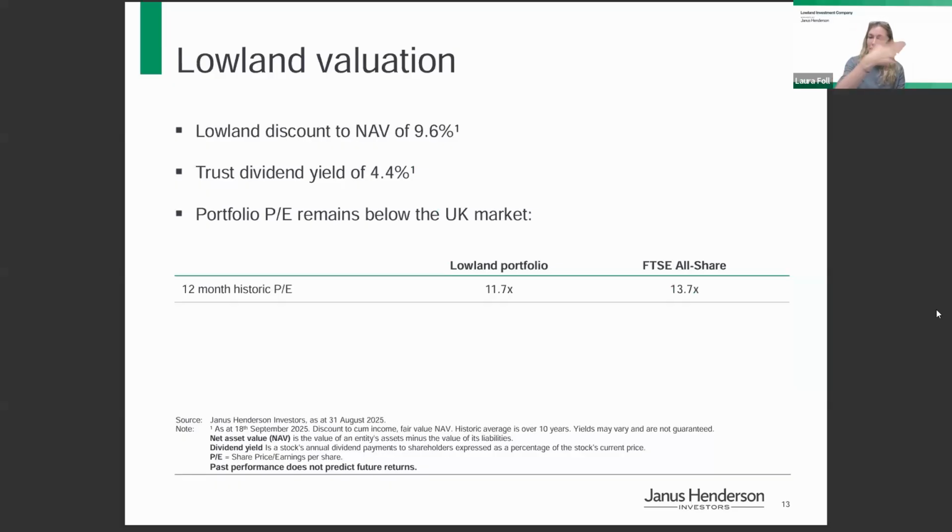So if we think back to the very beginning, the UK market is at a discount compared to overseas, and Lowland is at a discount to the UK, and the Lowland Trust is at a discount. So basically there are multiple layers. The UK market is at a discount, the portfolio is at a discount, the trust is at a discount. There are multiple layers of discount there if you work your way down the chain.